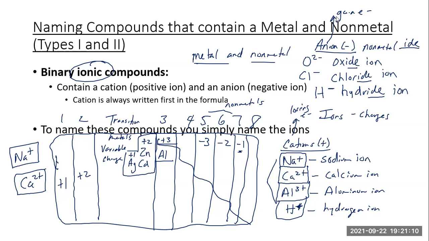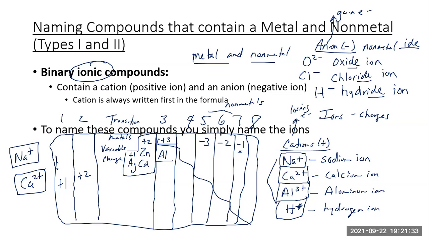So that gives us formulas for anions and cations, as we have written on this page. A reminder that when we talk about the positive cations, if you're asked to draw the formula for a cation, you should definitely include the charge. So this is the Na plus. And how we name the positive guys is very simple.